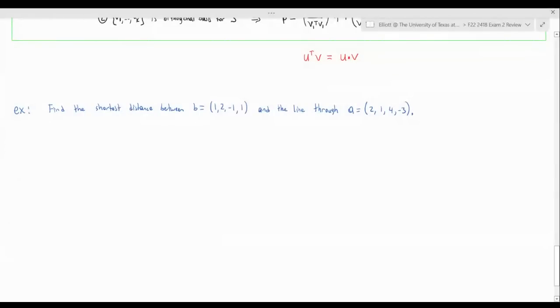This problem is for the distance between vector B and the line through this vector A. The idea is to calculate the projection vector. Here, this is your line through A. Let's say this was vector A itself. You have a vector B, which presumably is not on the line, okay?